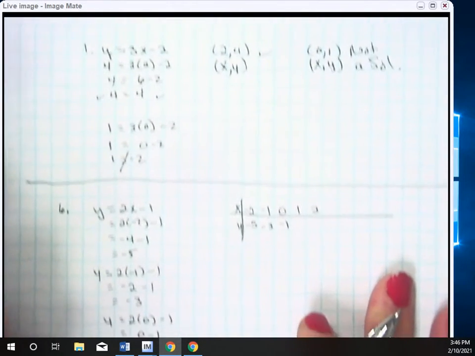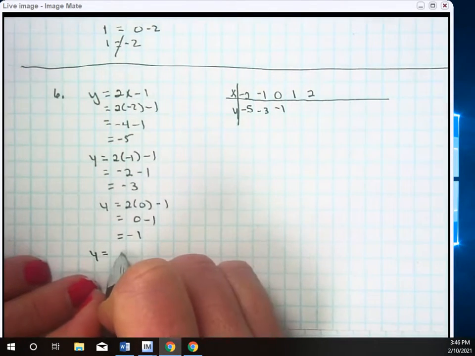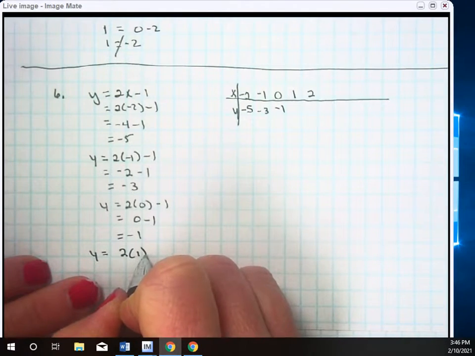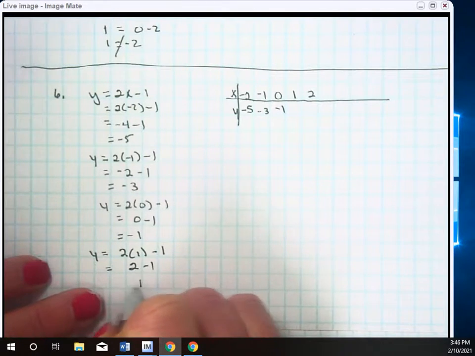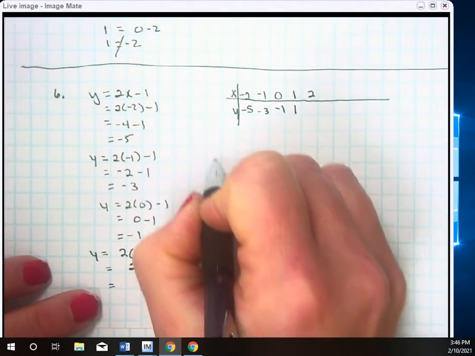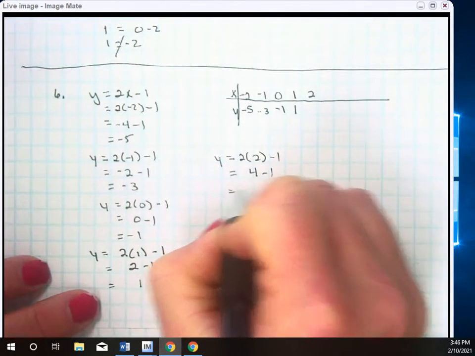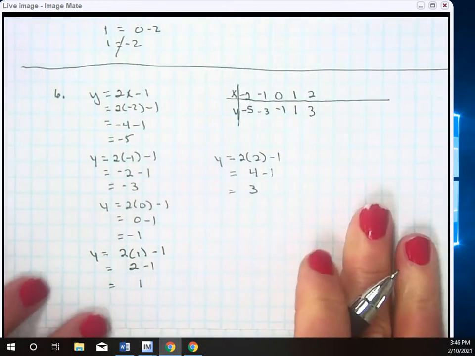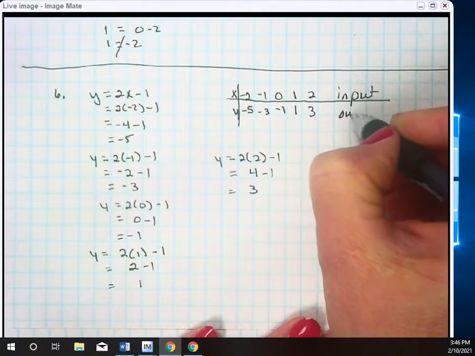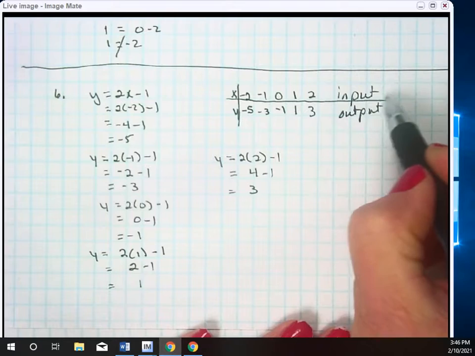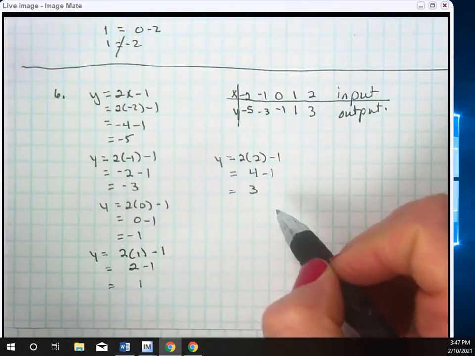And I would continue on this path of substituting a number into the x value and working the order of operations like you should know how to do. y equals 2 times 2 minus 1. 4 minus 1 is 3. I have my table of values. I have the input values and the output values. Input values are those independent values where it doesn't matter what you put in, and then you work out the output values.